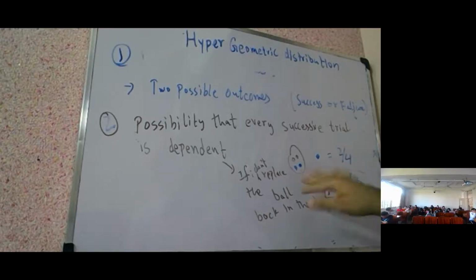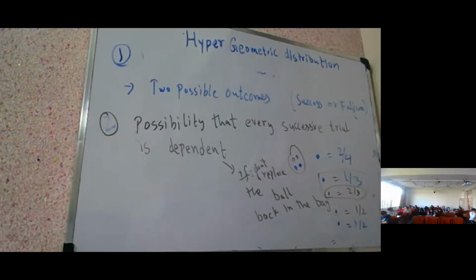Similarly, if I don't put it back, in the third trial, if the second ball is also blue, it means there are only 2 black left, so the probability of a black will be 1 by 2. And if there is a black ball the second time, then the probability of a blue is also 1 by 2.